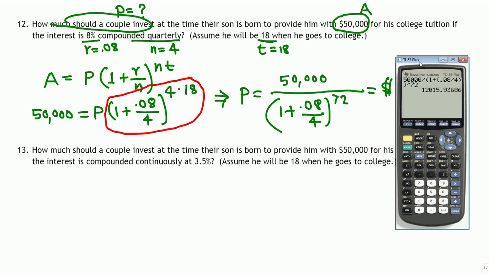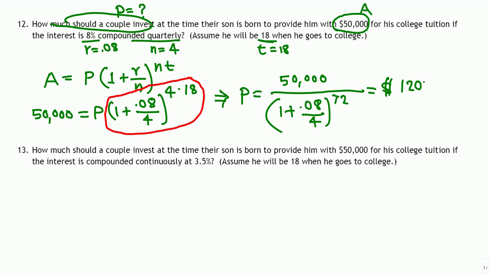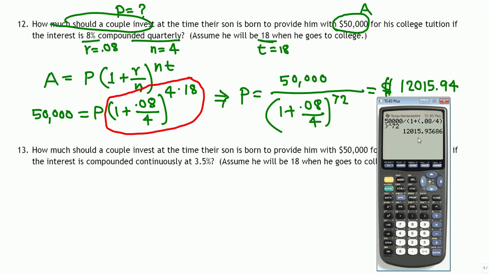So we get 12,015.94. So 12,015.94, right? 12,015.94.